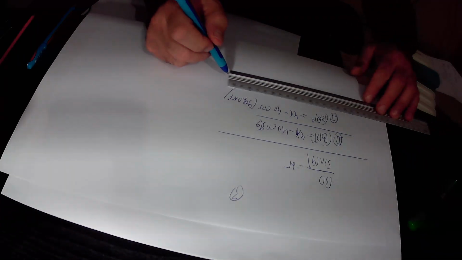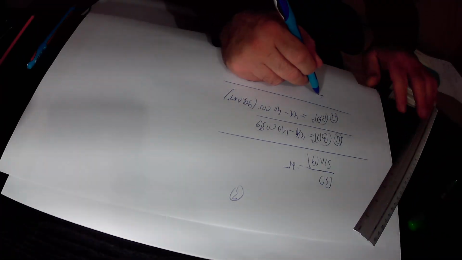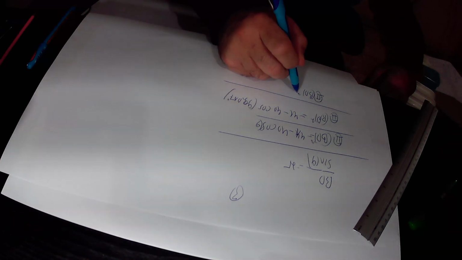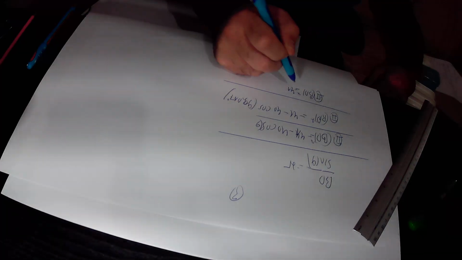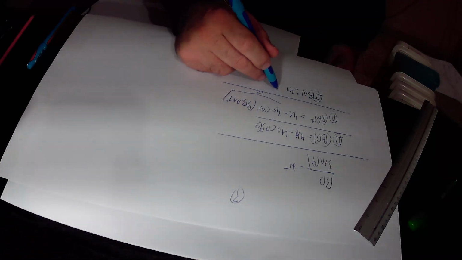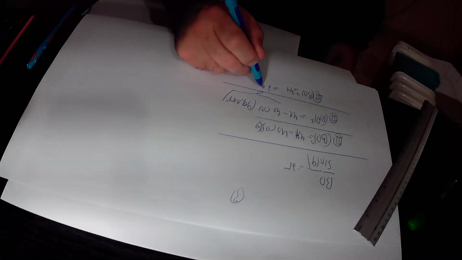So in total, we find that BD square, according to equation 2, equals 41 minus 40 times cosine 93.017, which equals 2.105. So this expression equals plus 2.105.